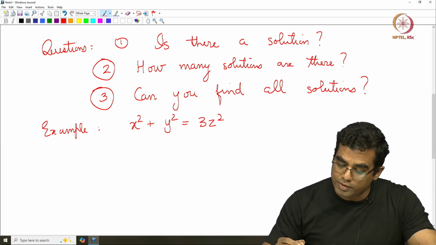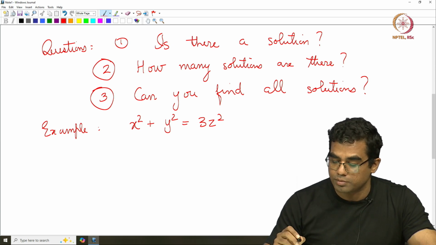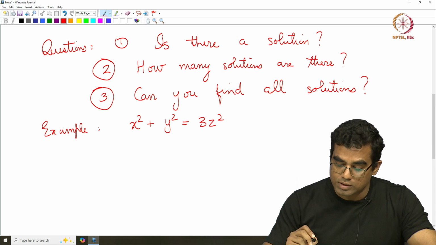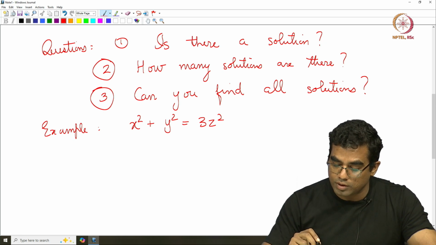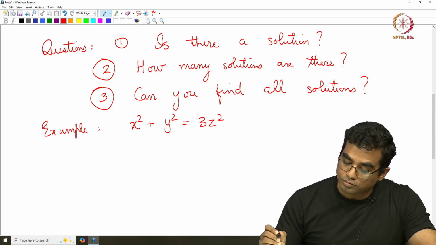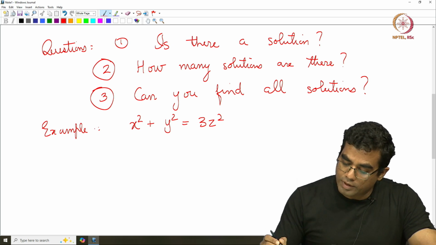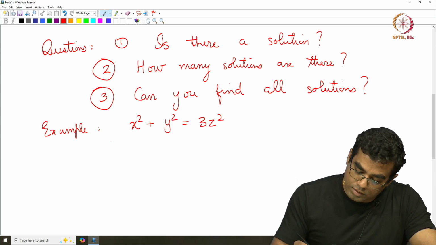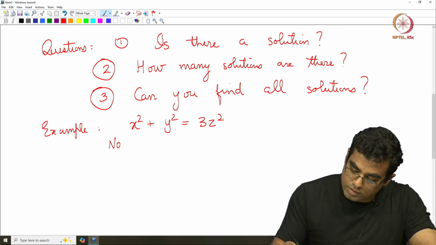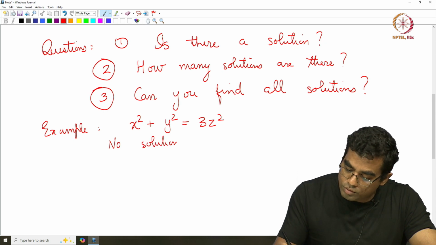But we want non-trivial solutions. So, at least one of them is non-zero. In this case, that will force two of them to be non-zero. In this case we can easily prove that there are no solutions.